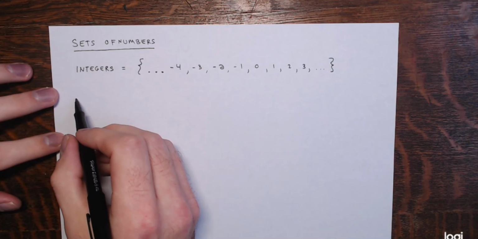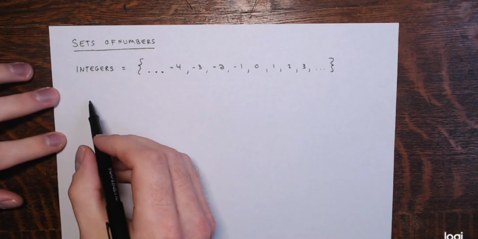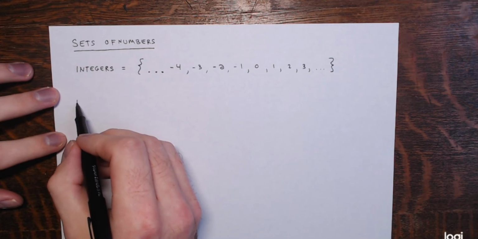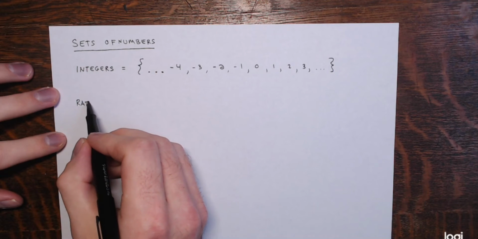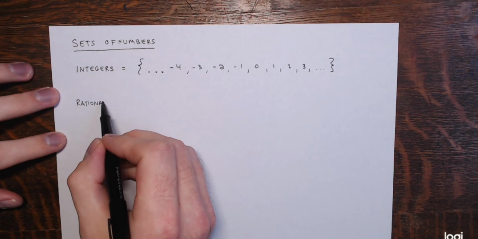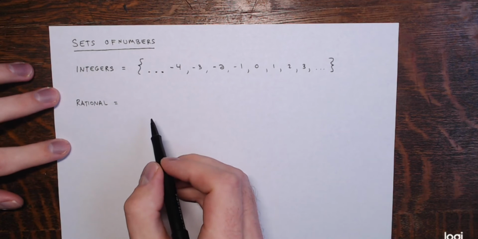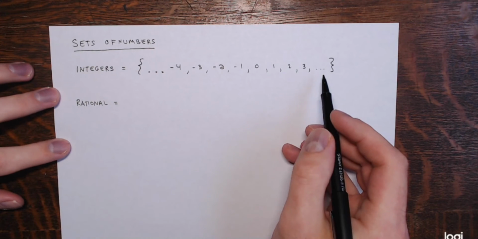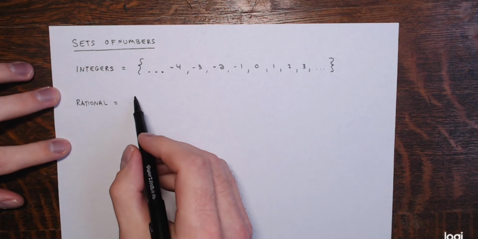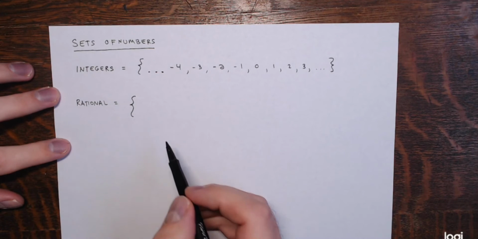Alright, then the integers are a subset of what's called the rational numbers. Now the rational numbers I'm not going to list like the integers. The rational numbers I'll write in set builder notation.